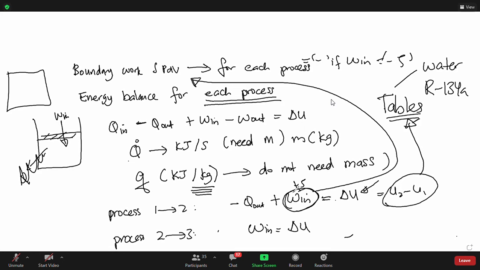So if it's a compression, you will get negative work. If it's expansion, you will get positive work. All right, that's what you need to do.